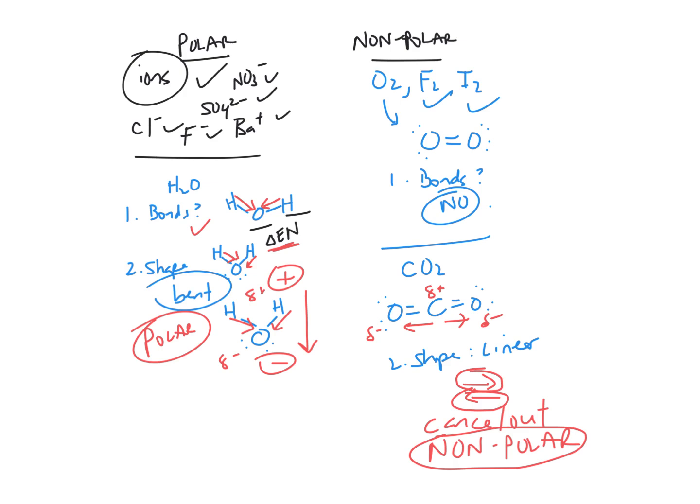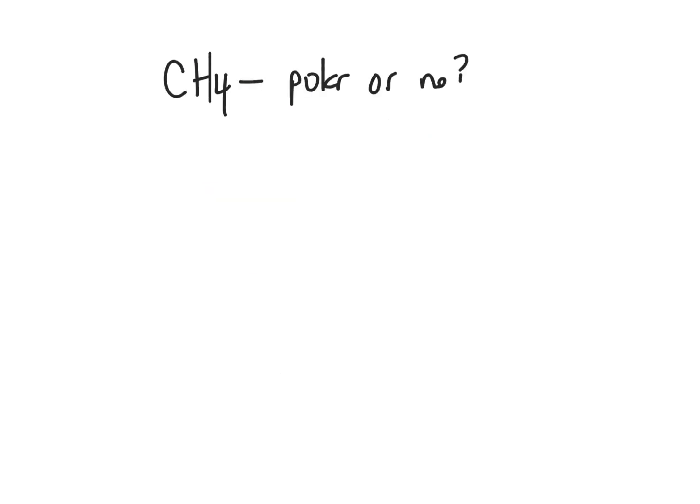So let's look at a couple more of these, and maybe that can help you. So CH4, methane. You can't read my writing, but that says, is it polar or no? Well, first off, let's look at the bonds. Basically, you start with the Lewis structure every time, don't you? Make the Lewis structure. It looks like this.